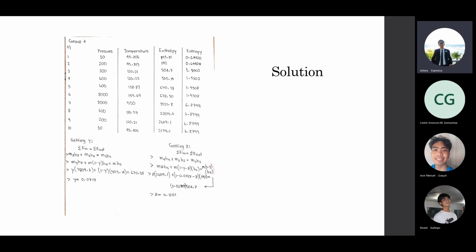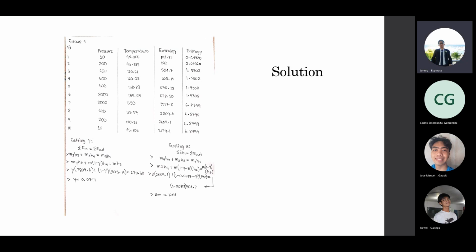First of all, we need to get the y and z values. These are the steam exhausted. So first, we need the formula, which is the summation of energy input equals the summation of energy output.